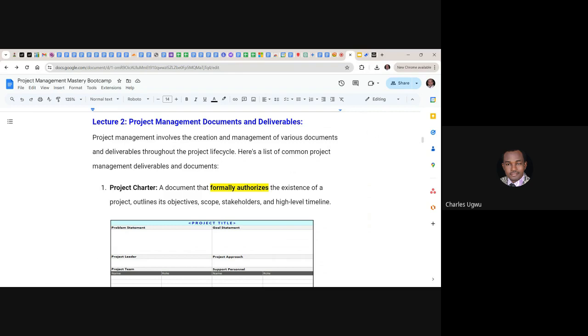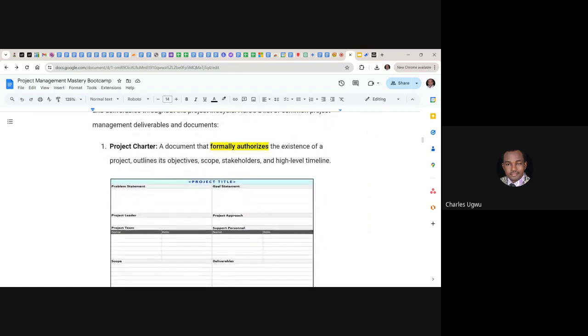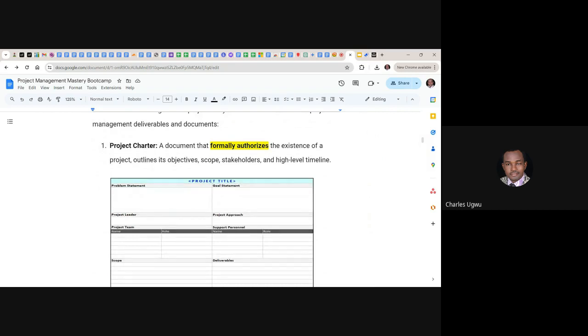Even if they are not doing it, if you join an organization that doesn't have a project charter, it's your duty to draw their attention to its importance. If you're working in the public sector, it is very, very key. When you are creating a project charter, you are not doing the organization a favor. As a project manager, when there is a project charter, you are doing yourself a favor.